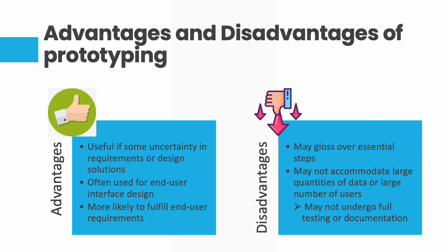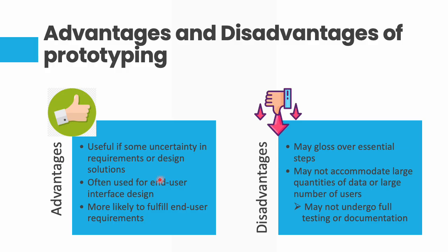And there are some good and bad sides of prototyping, the method where we build a quick, simple model of the system first. The advantage, the good part, is that it's useful if there is some uncertainty in requirements or design solutions. Sometimes users don't know exactly what they want until they see something.